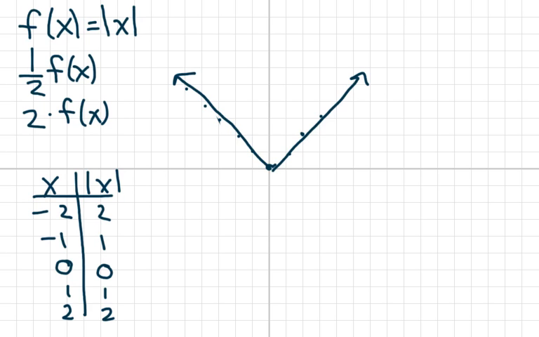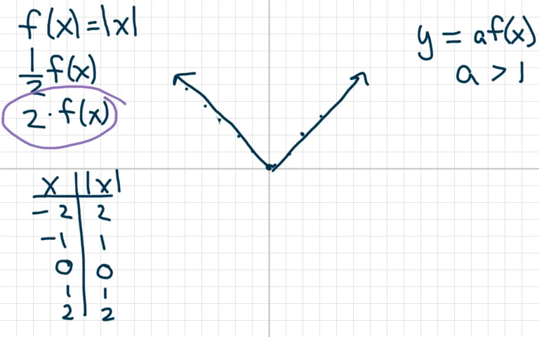When a is bigger than 1, and this is written in the form of y equals a f of x, for example, in this case, that means what we're doing is we're multiplying our y by 2. So in this case, this is my y, or f of x, and I'm multiplying this by 2. So this is 2 times the absolute value of x.